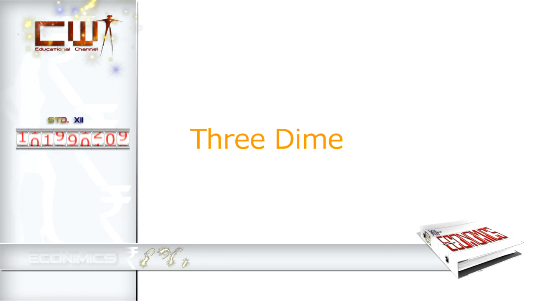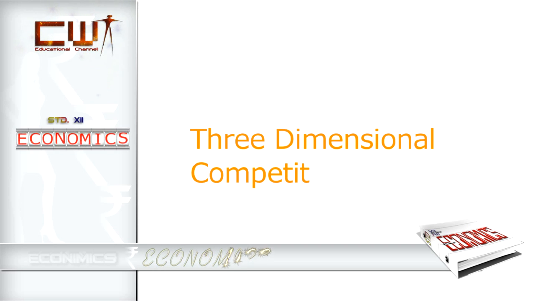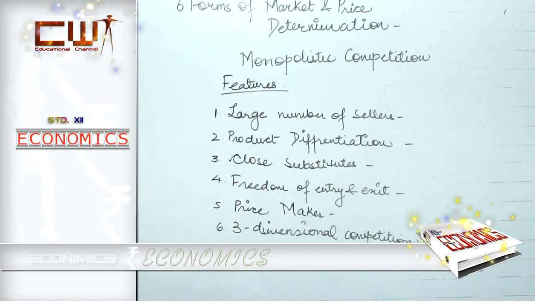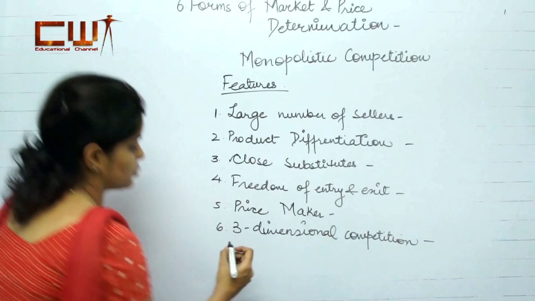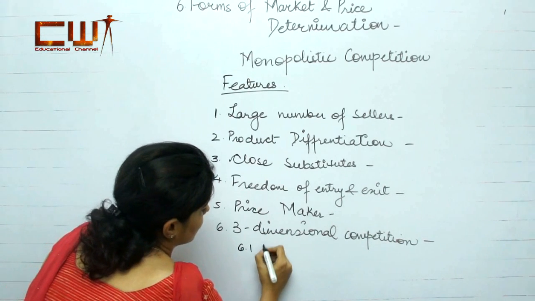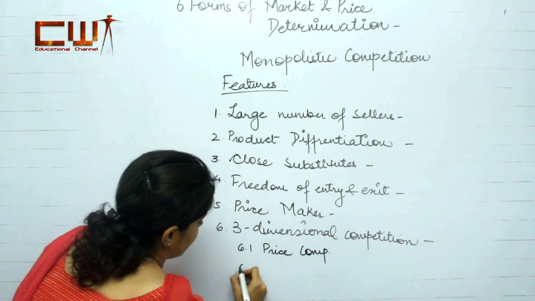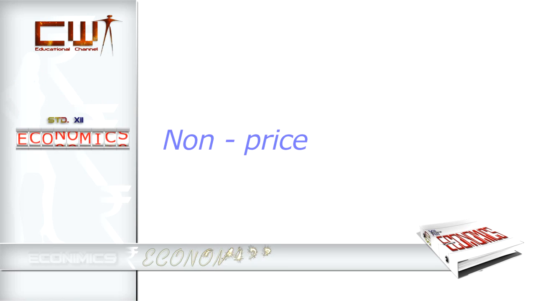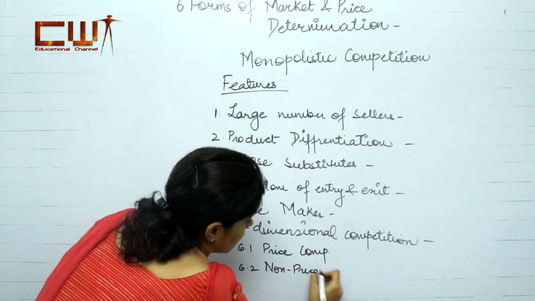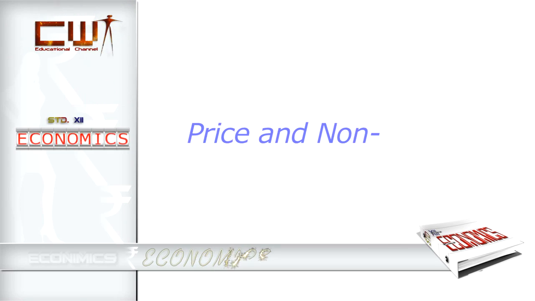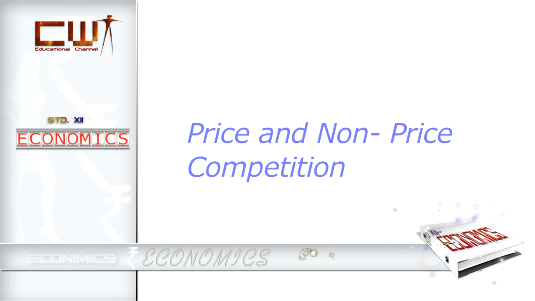Last, you have three-dimensional competition under this. The three-dimensional competition that exists under monopolistic competition is price competition, non-price competition, and price and non-price competition together.